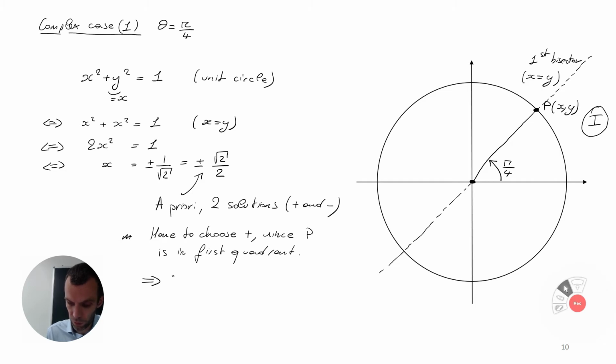So therefore, we have that P has coordinates square root of 2 divided by 2, that's x, and y is equal to x, so that's another square root of 2 divided by 2.